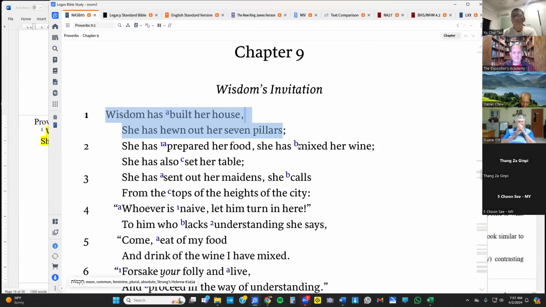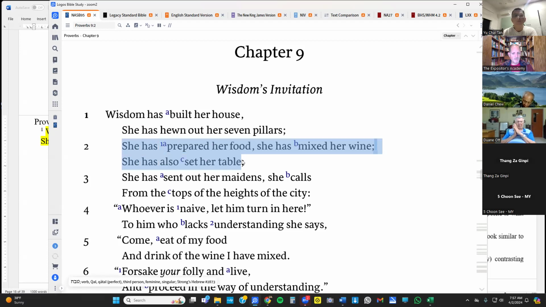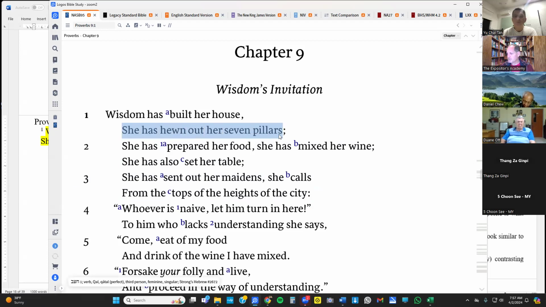I just pulled up the passage here. She's hewn out her seven pillars, prepared her food, mixed her wine. Because of the detail here, she's done all of these things, it might indicate that the statement "she's hewn out her seven pillars" is the idea that the house, her life, is fully built, complete.